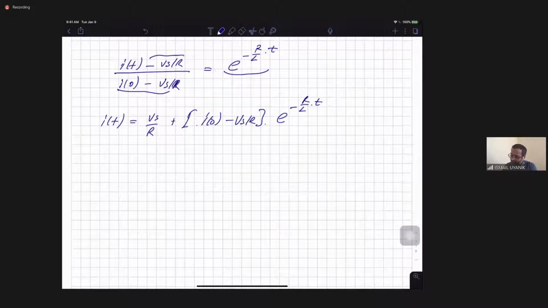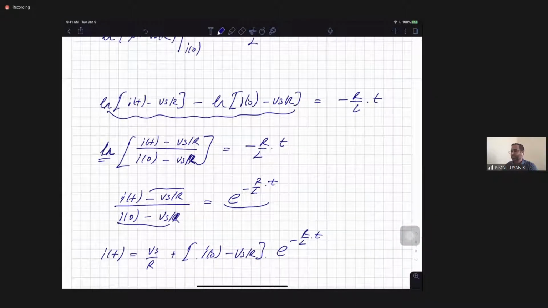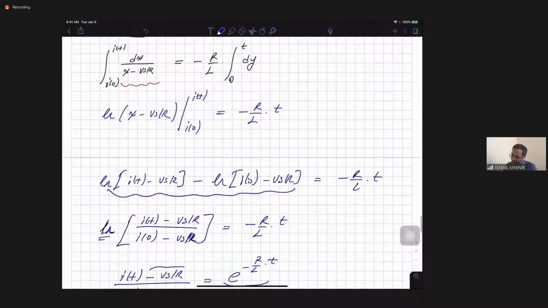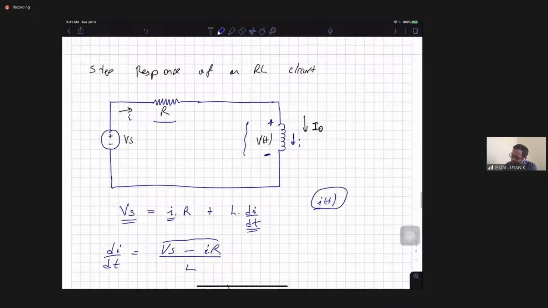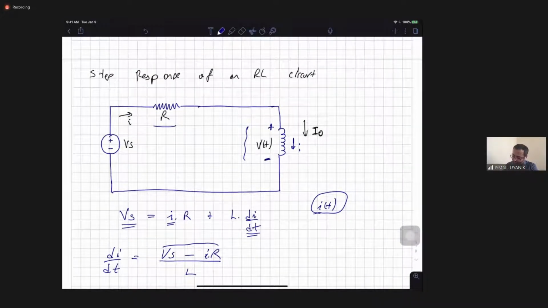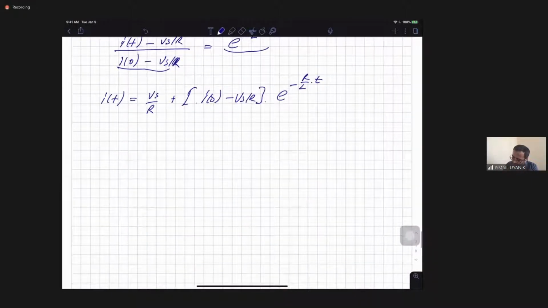So let's look at the effect of those initial conditions. Did we calculate the initial current? Yes. Here, for example, we said there was an initial current flowing through this inductor, so I will replace that I0 with capital I0. This was constant. This was the initial current flowing through the inductor before we did the step change.